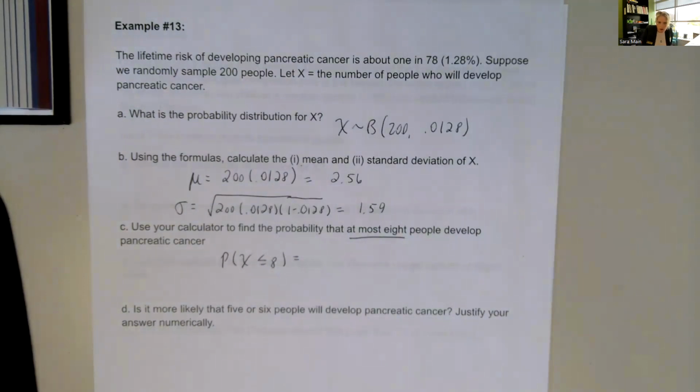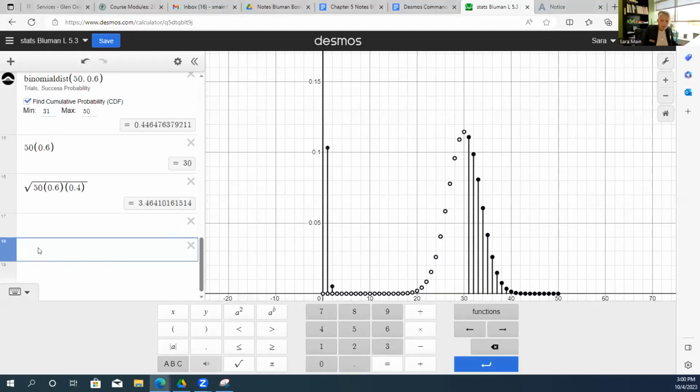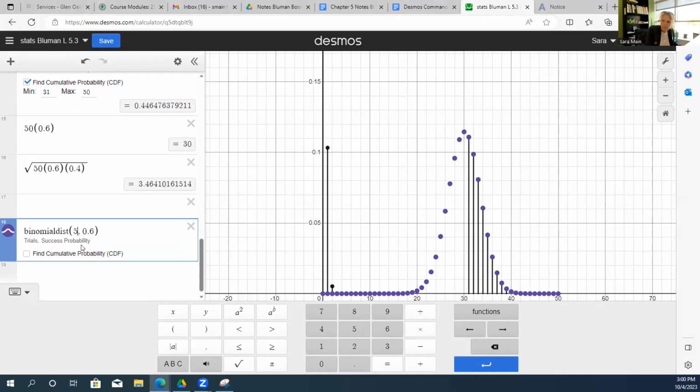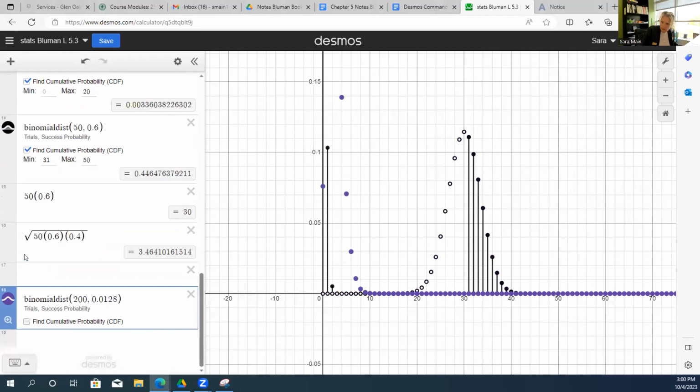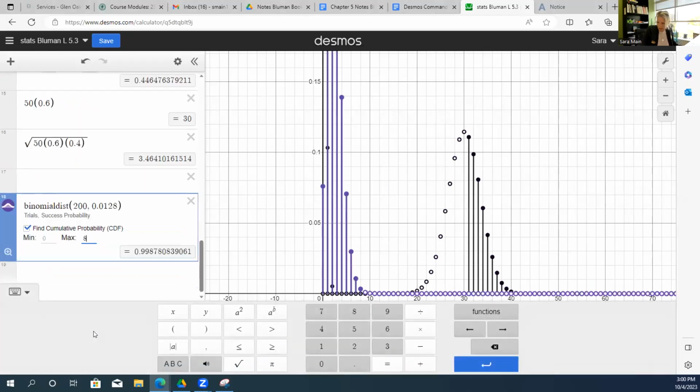Okay, so we are going to put that in, and we said less than or equal to 8. So that would be 0.9988.